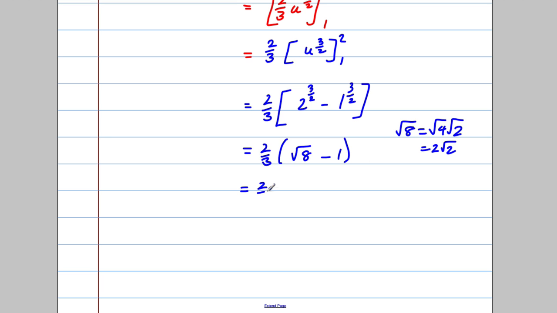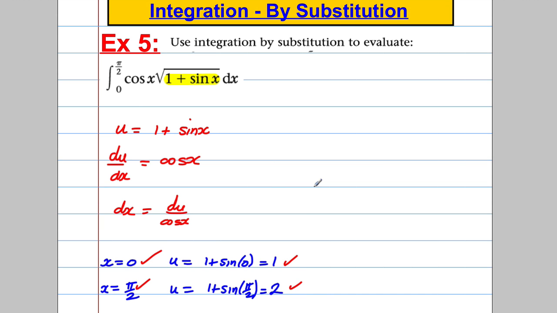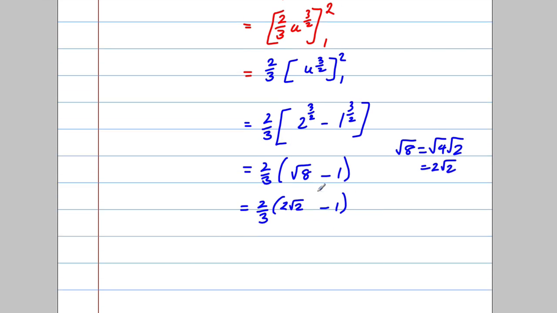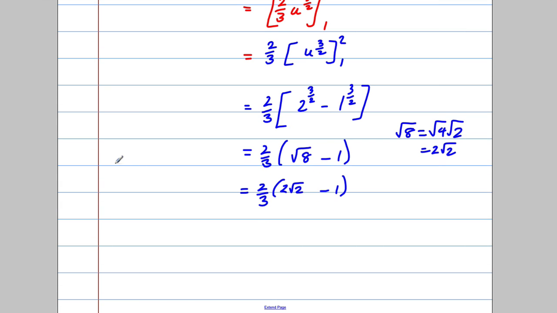So I could write that as 2/3 times 2 root 2 take away 1, and I'm done. Now, there was no need to change back in terms of x's, because I changed the limits, working it out gave me the exact answer. Okay, and that's it for this video.